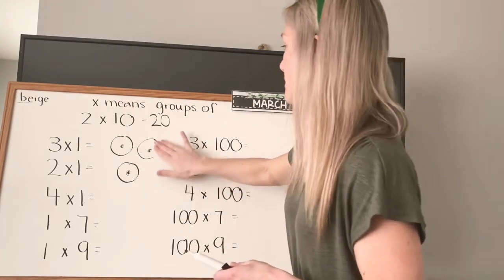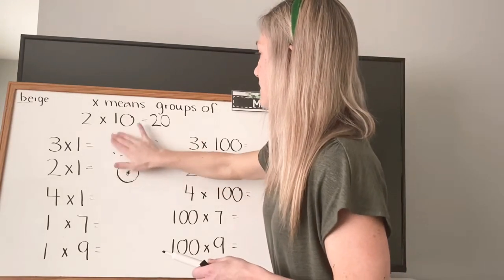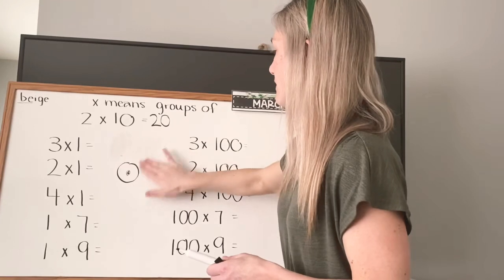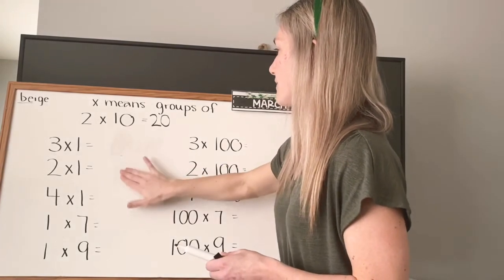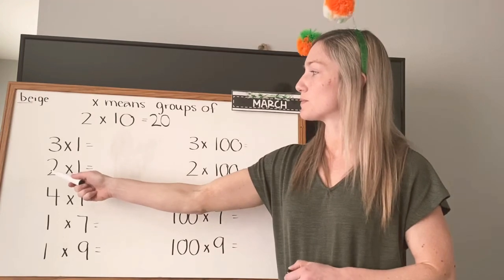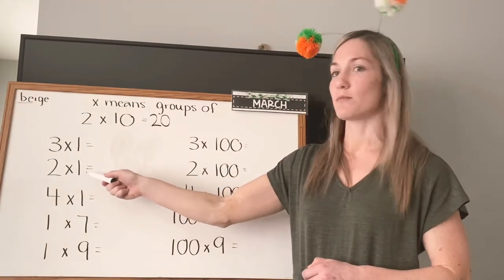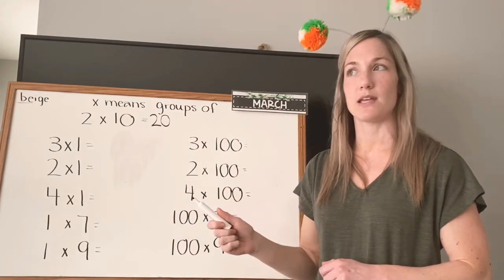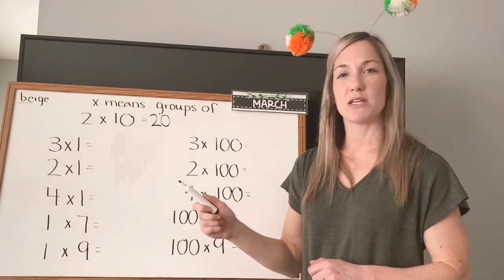Mrs. Agrell lost her eraser. There we go. Let's do the second one together. I have 2 groups, and each one of my groups only have 1 piece of candy in it. How many do I have?